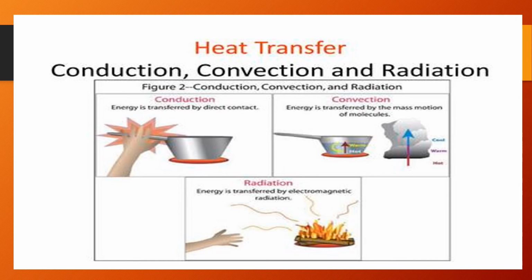Again, in cloud formation, when the water gets evaporated in nature, that hot air containing water vapors rises up, and that is again because of convection. Then in the third picture, you are seeing the radiation, where the energy is transferred by electromagnetic radiation directly from the hot object to the colder object.